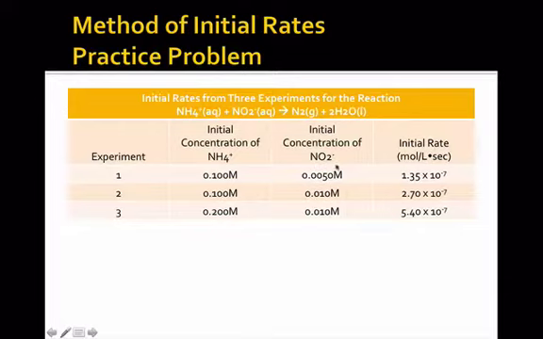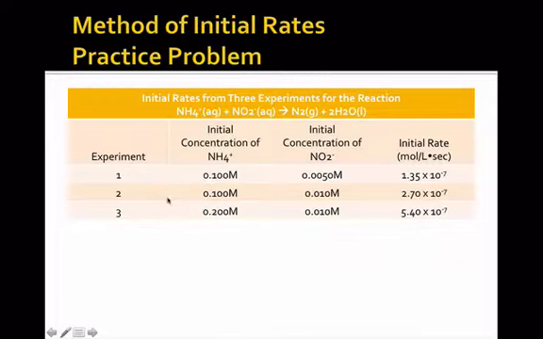What that does is it allows us to see if we double the nitrite concentration, what happens to the rate. And you can see here that it doubled. As I doubled the concentration of the nitrite ion, it made the reaction go twice as fast. So that's experiments 1 and 2.